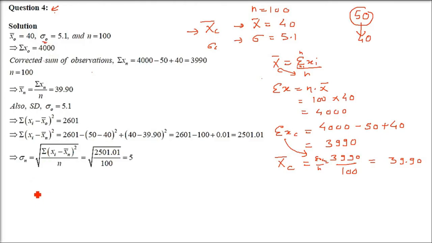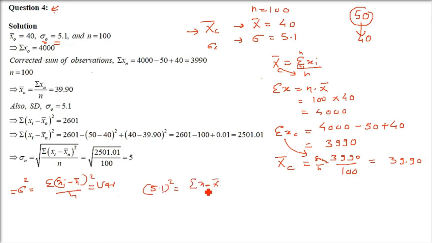Okay, now coming to the next part. So what is given to us? Sigma. Sigma is the square root of sigma xi minus x bar whole square by n. I am not writing this root. I am making it sigma square, which is variance. This formula is basically for variance. So variance is sigma square, so you have to do 5.1 whole square. Sigma is given.